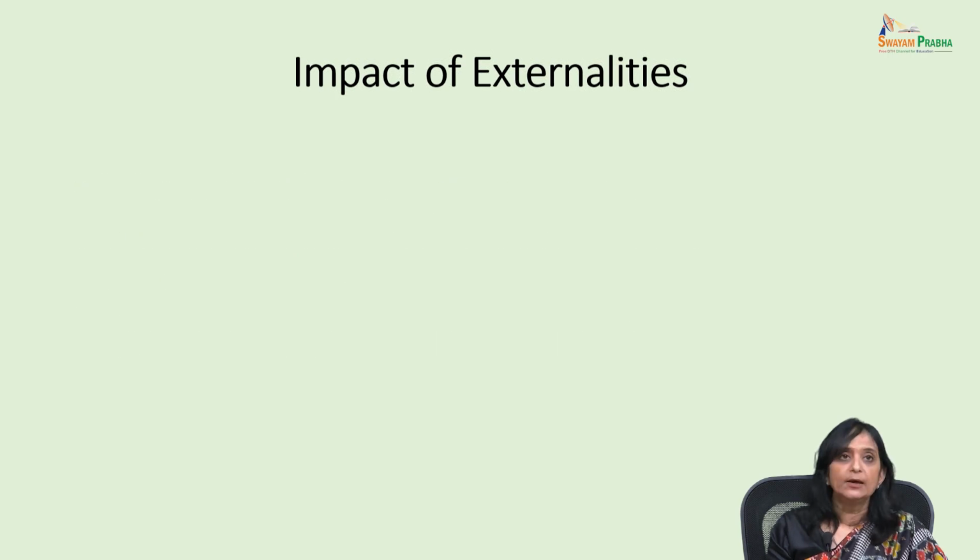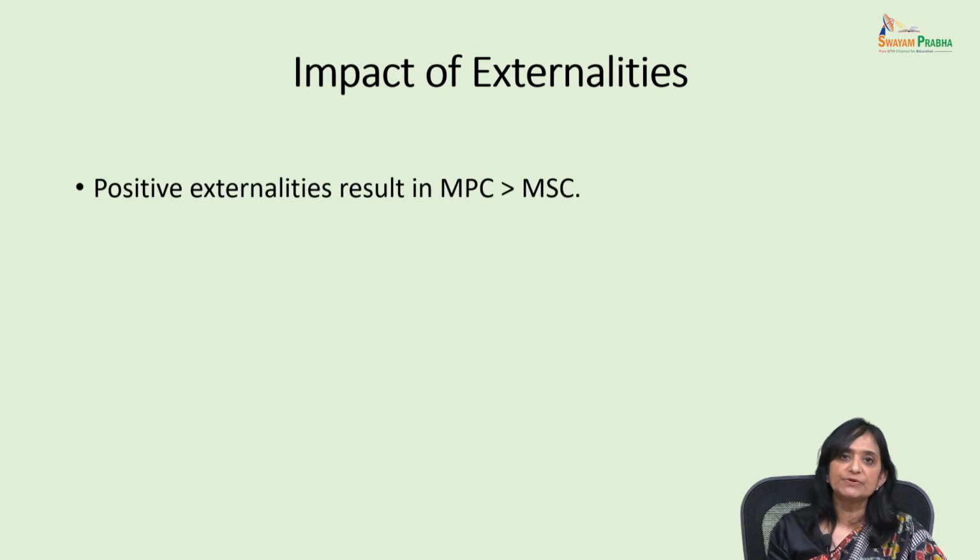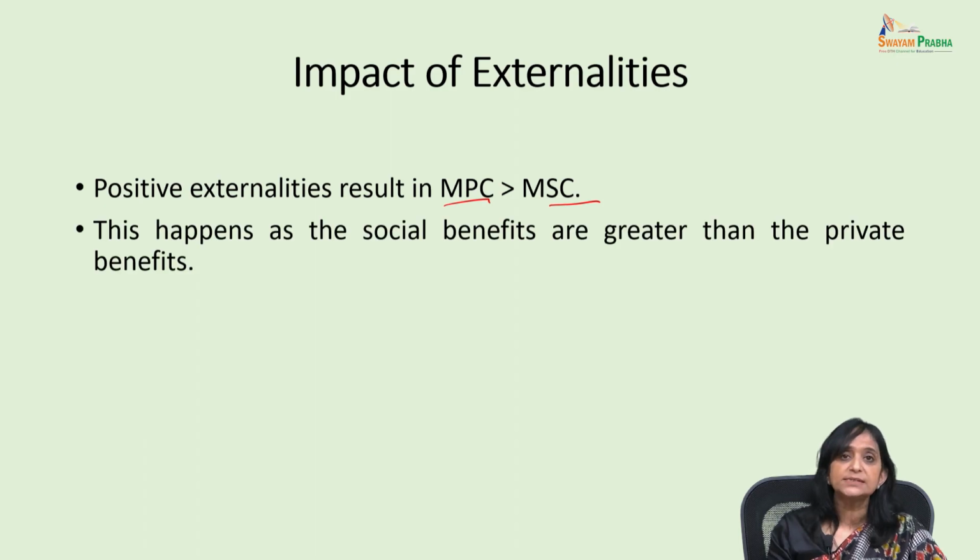Then, when we talk about positive externalities, marginal private cost is greater than the marginal social cost. Why? Because this is generating more social benefits than the private benefits. Let us take the case of the beekeeper. The beekeeper is only talking about the cost it is incurring for keeping the bees and extracting the honey from them.